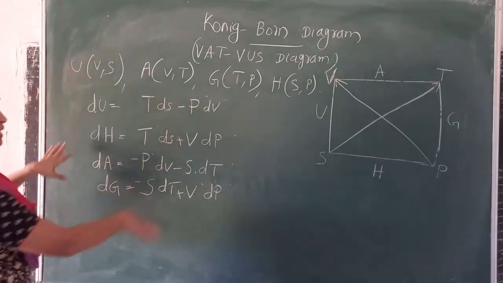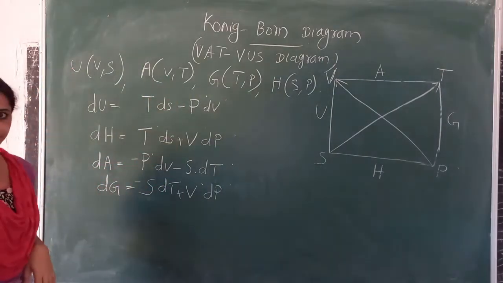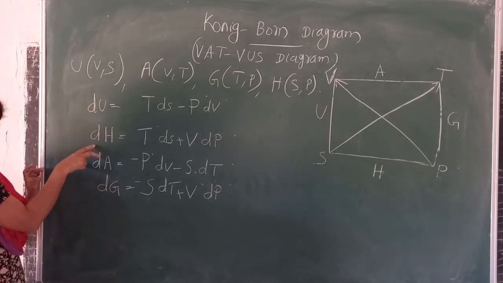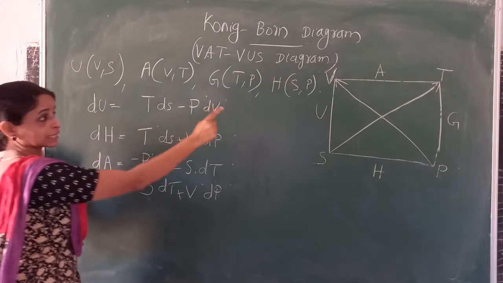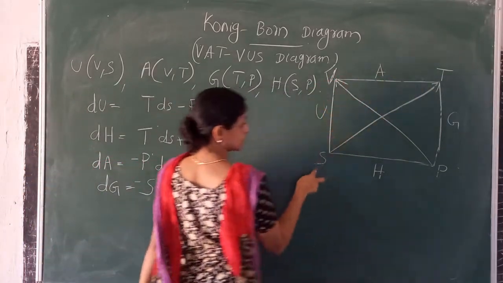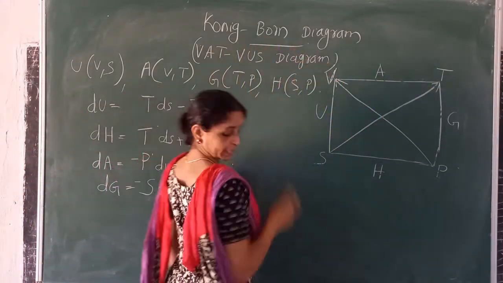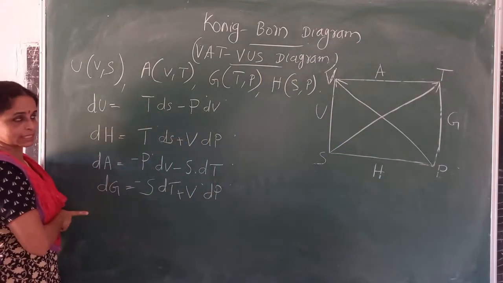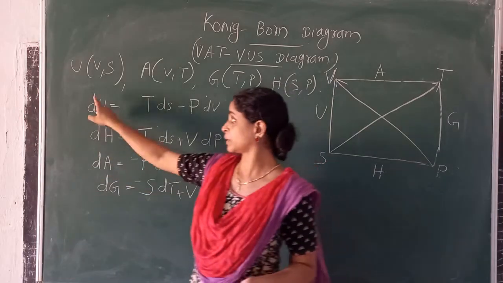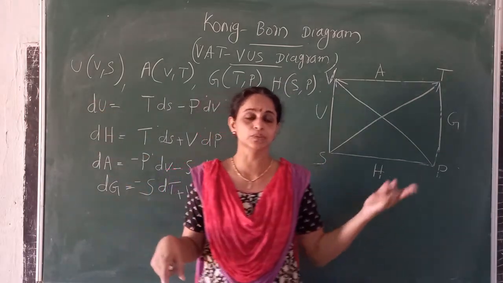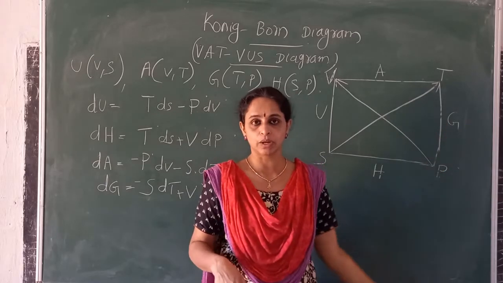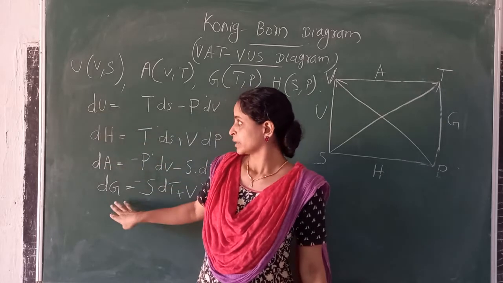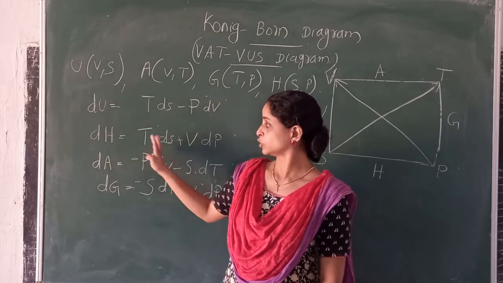So it is very easy to obtain the thermodynamic potential relations for infinitesimal processes using this Born diagram or Guggenheim square. To derive these thermodynamic equations, you have to use the dependencies. We have H equal to U plus PV.